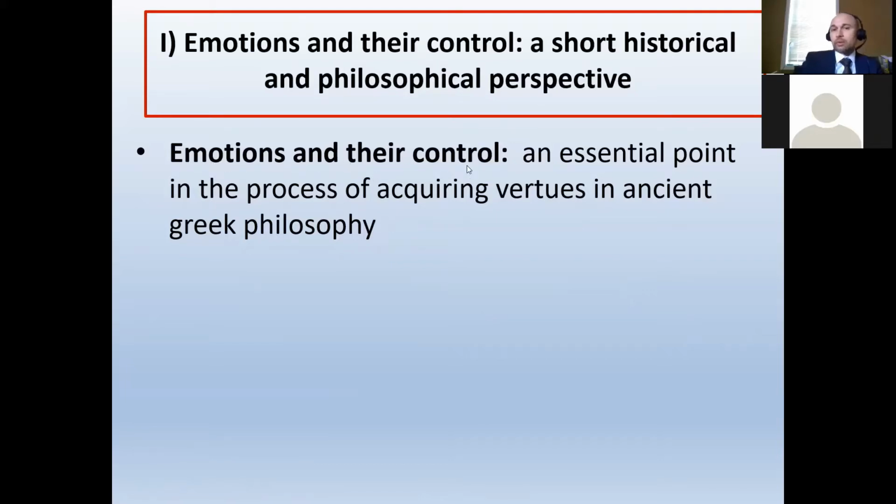Emotions and their control were an essential point in the process of acquiring virtues in ancient Greek philosophy. For Plato, Aristotle, Socrates, emotions were central in the idea to acquire virtue and to act good, in fact.